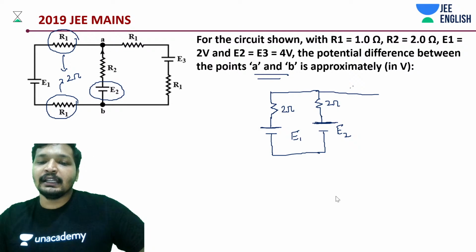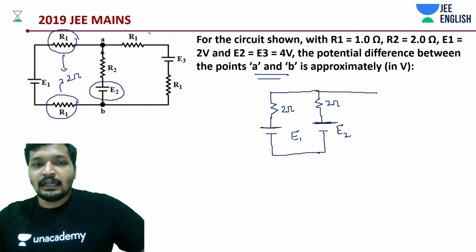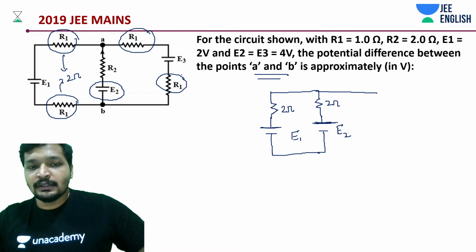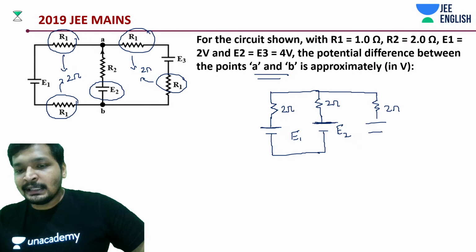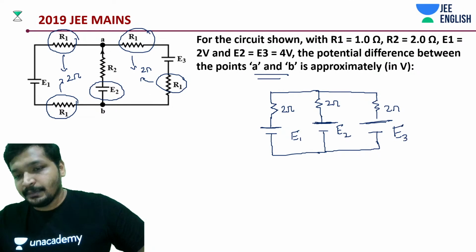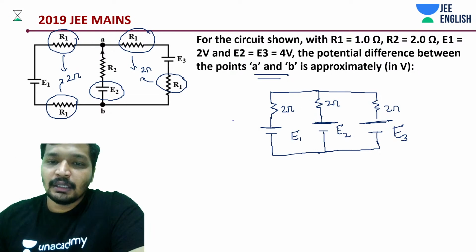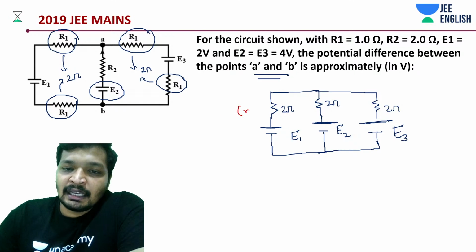I'm just repeating it: if all these resistances are equal, as in this case, R1, R1 again in series, so 2 ohms, you can understand it once I write down the equation. So if all the resistances are equal, you can basically add the EMF and divide it by 3, and you'll get the same answer.